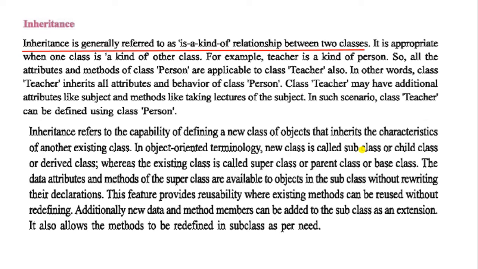Another way you can say it, the teacher class is the derived class, which inherits all the attributes and behavior of the class person. Class teacher may have additional attributes like subject and methods like taking lecture of the subject. So in such a scenario, you have to define it using the class person.